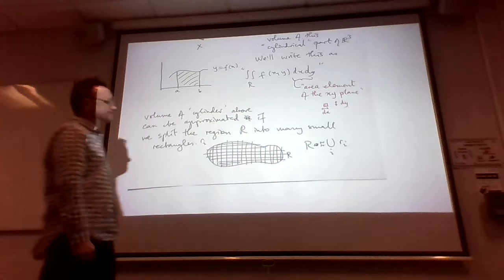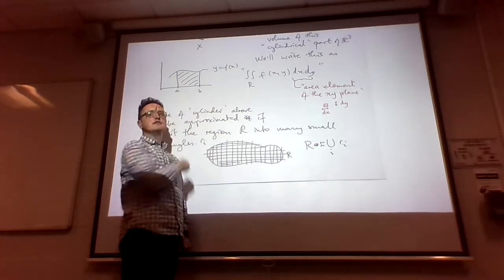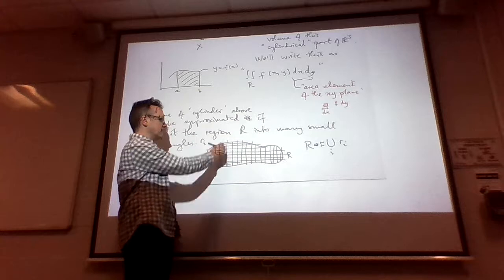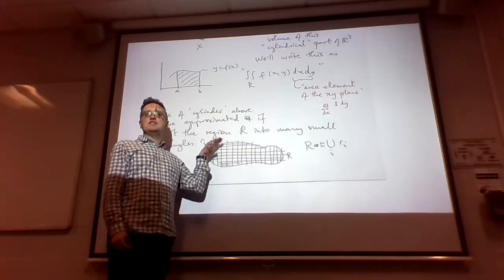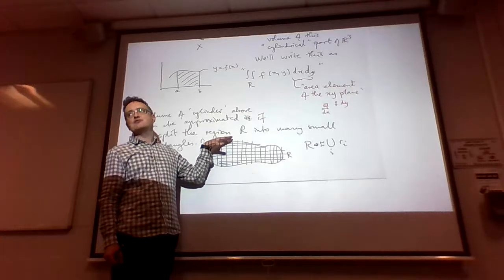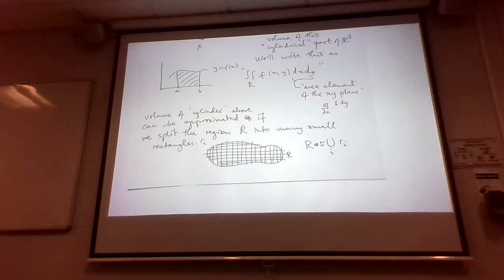I say approximately because something funny happens at the edges, where maybe the rectangles leave bits of R unaccounted for, or maybe the rectangles creep outside the boundary of R. The boundary of R is curved. There's a little question about what happens at the boundary, but we'll disregard that for the moment.